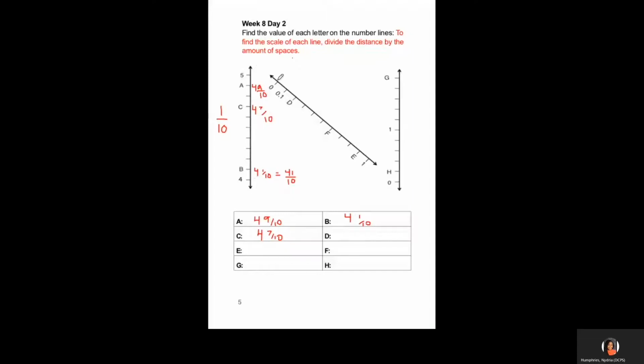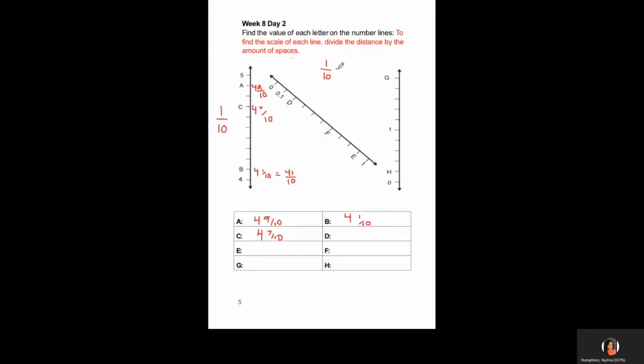So the distance is between 0 and 1 for this one. So the distance is 1. And how many spaces do we have? 1, 2, 3, 4, 5, 6, 7, 8, 9, 10. We have 10 spaces. So this line's scale is a tenth. So that means the first tick mark is a tenth. And they already marked it for us, a tenth.